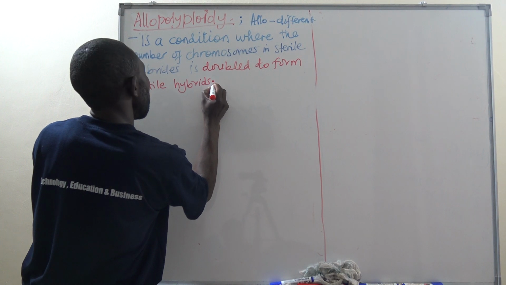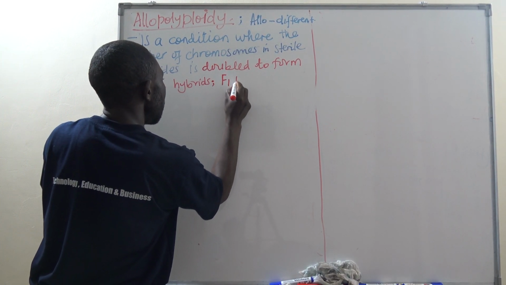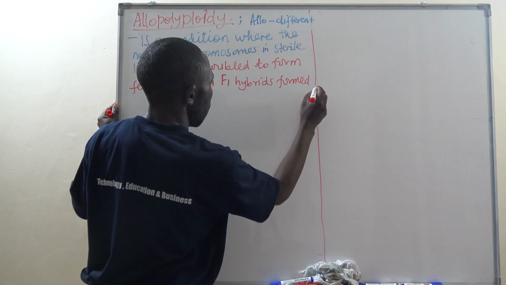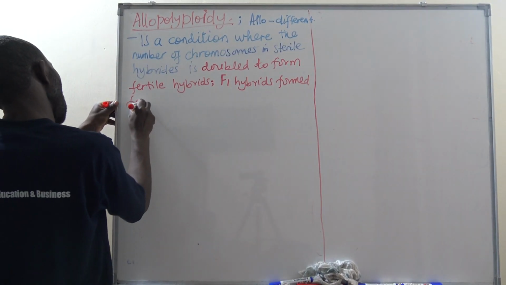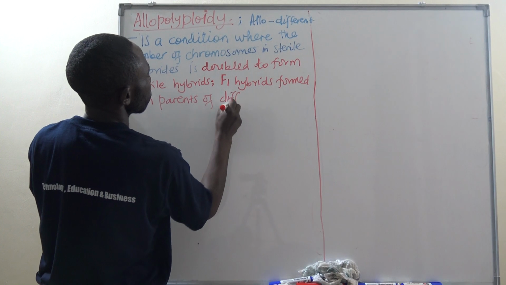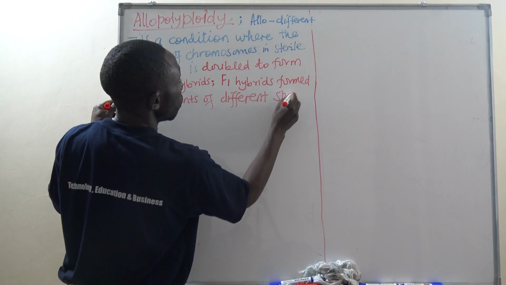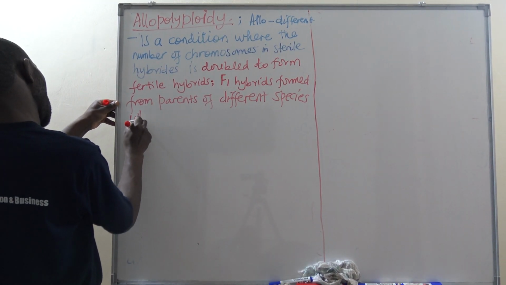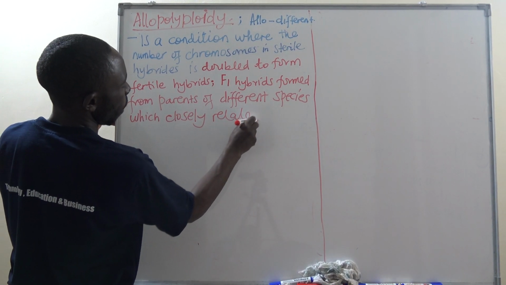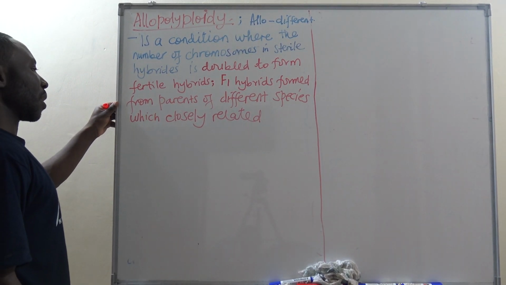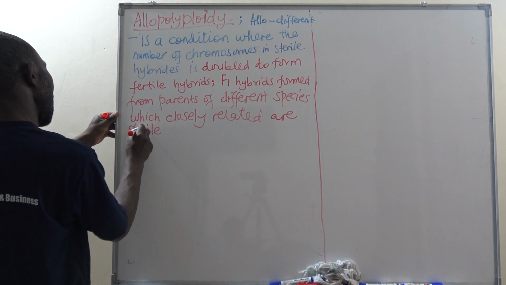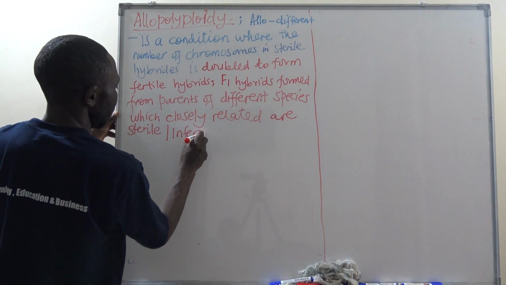Now, we very well know that F1 hybrids formed from parents of different species, which are closely related, are sterile or infertile.